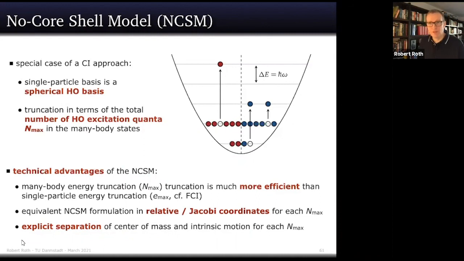You can separate, factorize the center of mass state for this NCSM type model space. This is not possible if you go to a different many-body truncation or a different single particle basis. It's a question whether this is really important, and we'll get rid of that later for other methods. But it's a nice feature which only the NCSM with the oscillator basis gives you.